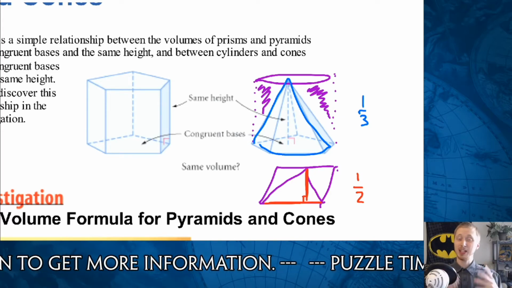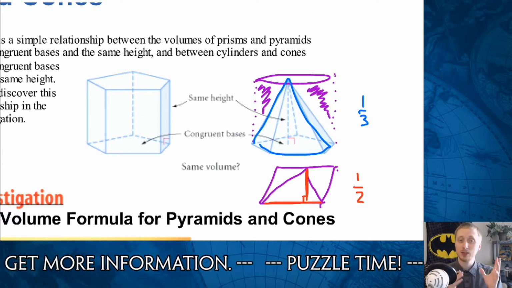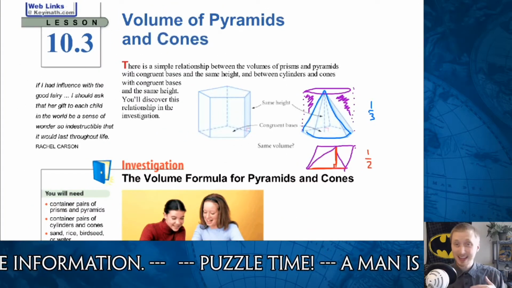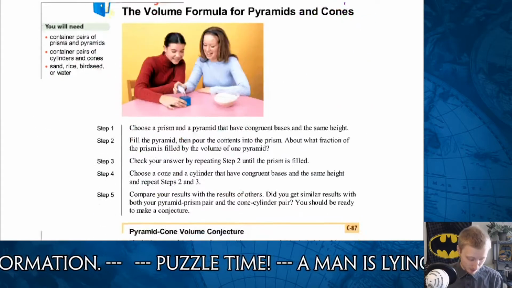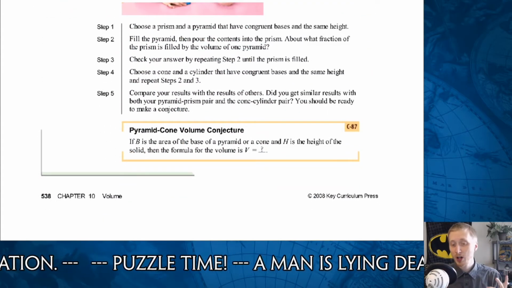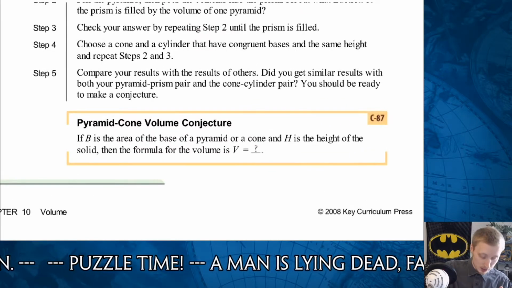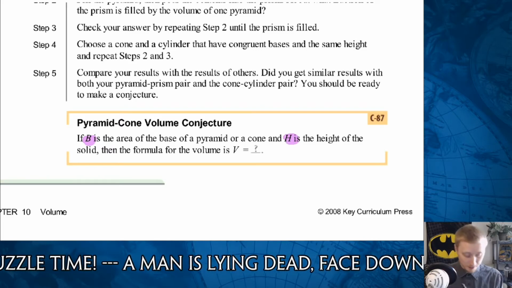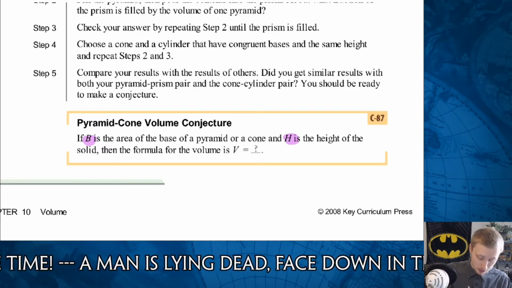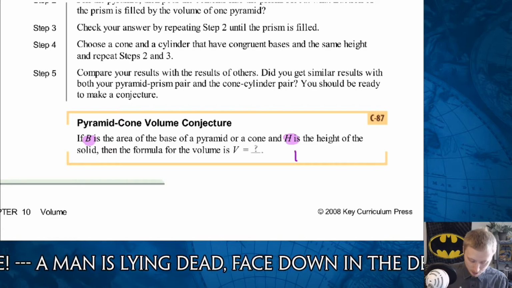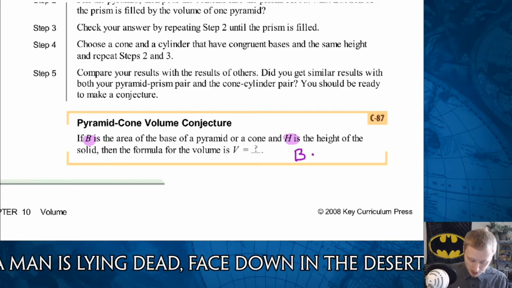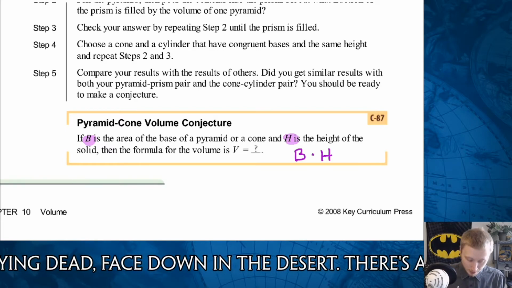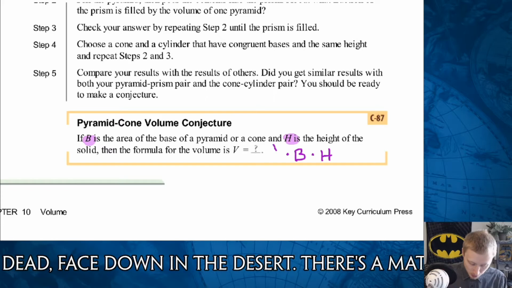Again, that's not a great explanation for why it works, but it is a good mnemonic for remembering what that fraction is. Because otherwise, the formula is going to be exactly the same. So for our pyramid cone volume conjecture, once again, B is the area of the base, H is the height, so our volume is going to be that B times H, using capital letters this time to distinguish, times 1/3.